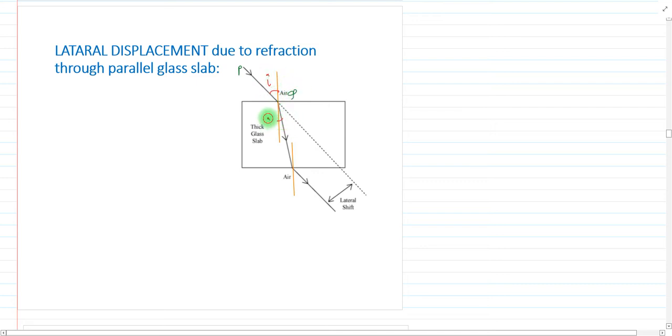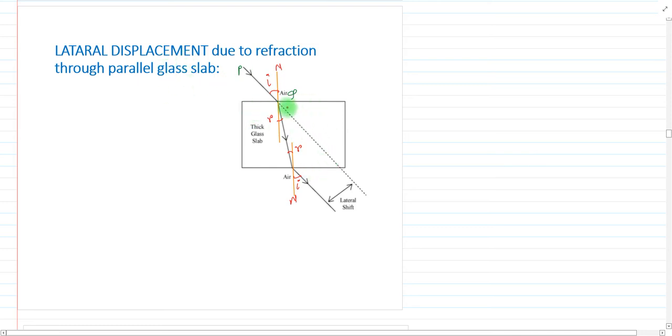This one is also r, because these two normals are parallel to each other, and this one will be i. I told you that the angle of incidence equals the angle of emergence. Now we have to find the lateral displacement.